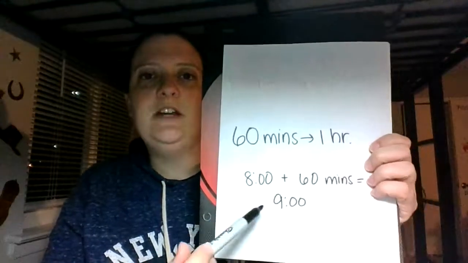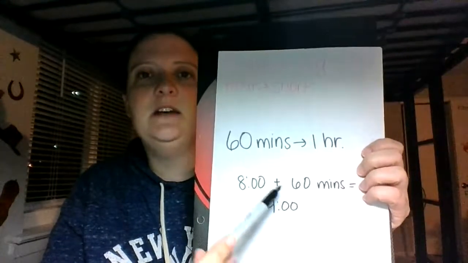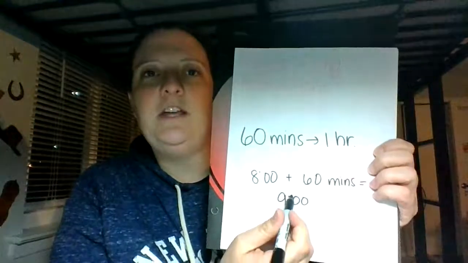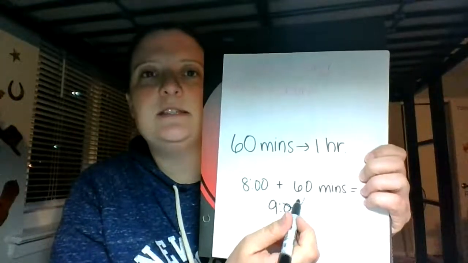So we need to figure out how many minutes until 9 o'clock. So it's kind of like regrouping. If we turn this into a 60, we can then subtract. So we know it's 47 minutes after 8 o'clock. So we need to take 60 minutes, which is an hour, that would bring us all the way to 9 o'clock, minus 47 minutes.